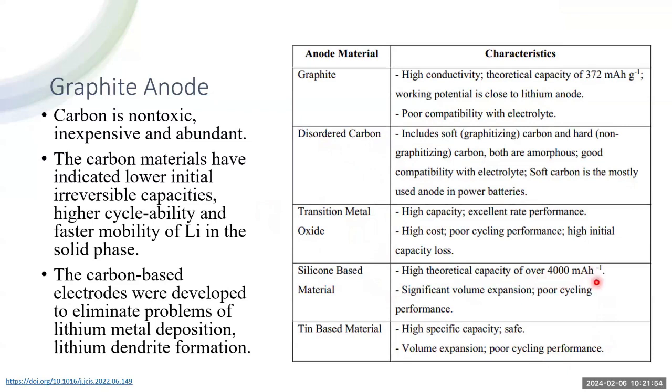So 1 gram of silicon can give you 4,000 milliampere current. But it has a problem, which is that significant volume expansion happens when you cycle it. When you cycle it from charging to discharging, this sometimes creates problems.